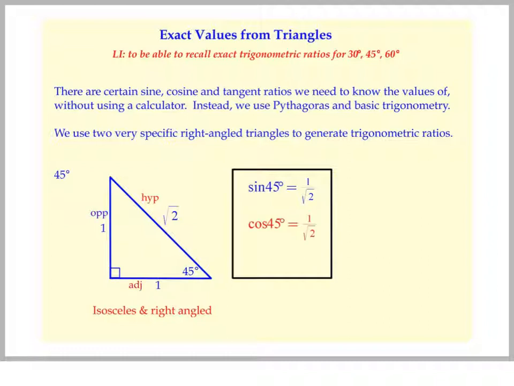Cos 45 is the adjacent side over the hypotenuse, which again is 1 over root 2. Tan 45 is opposite over adjacent, 1 over 1. We just simplify it down to 1.